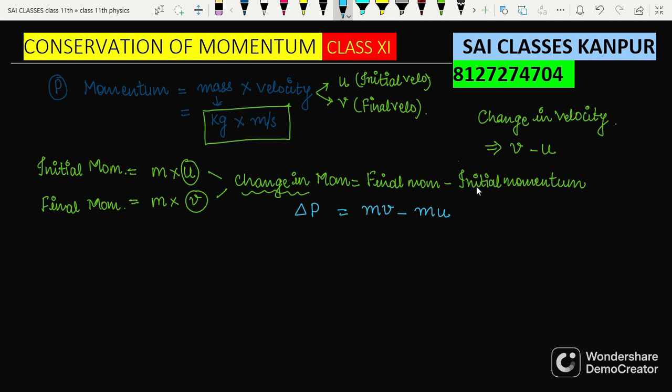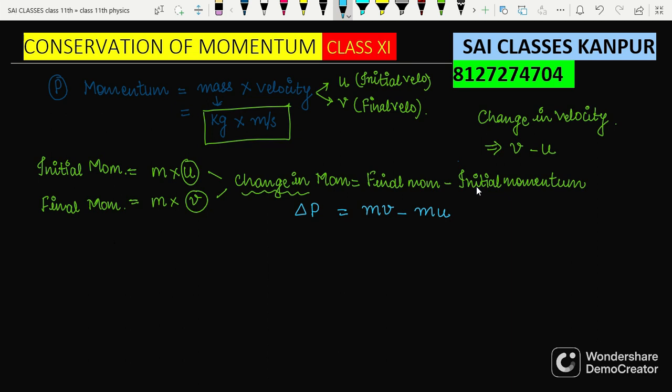Got the point? Now comes the law of conservation of momentum. The law of conservation of momentum is one of the most prominent laws in physics which we need to learn. This principle tells us that total momentum of the system is always conserved.